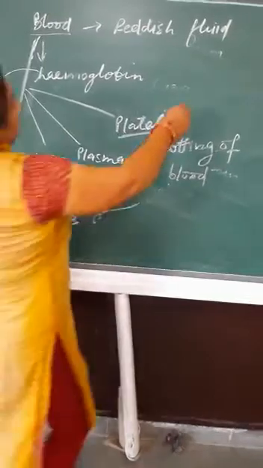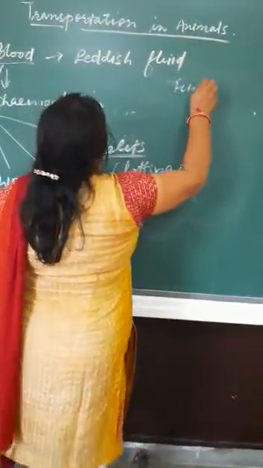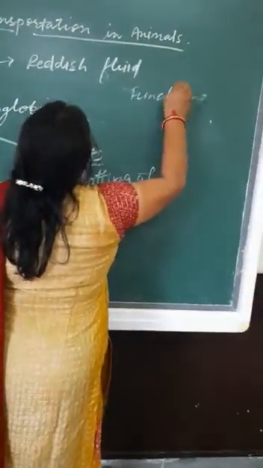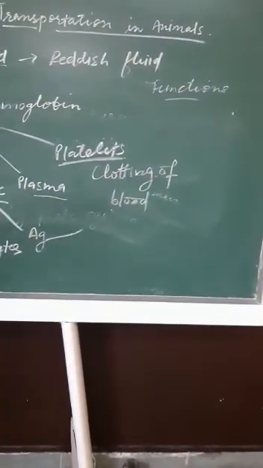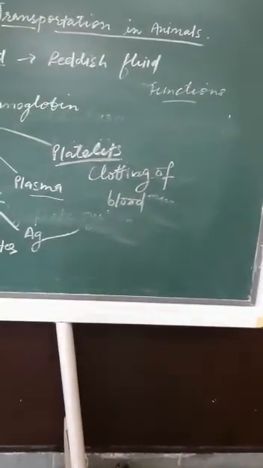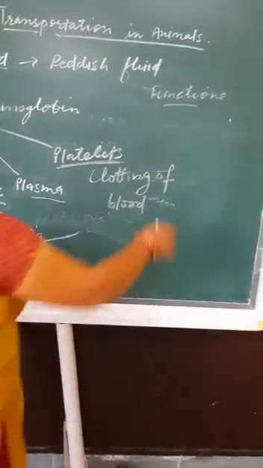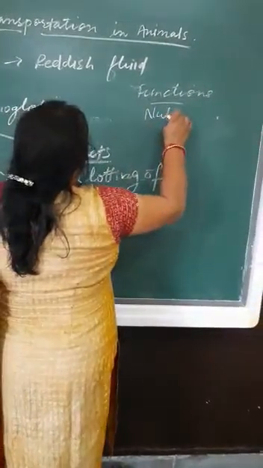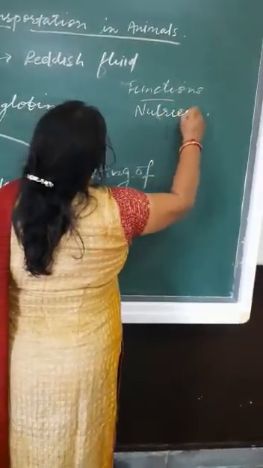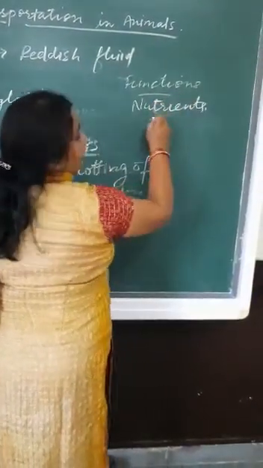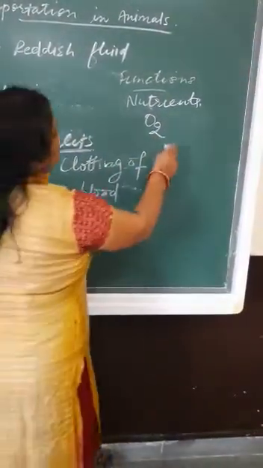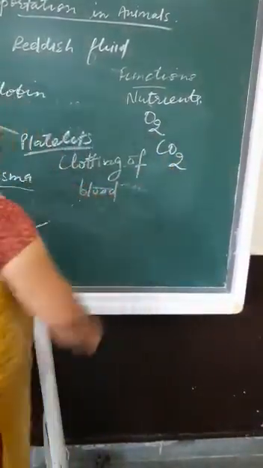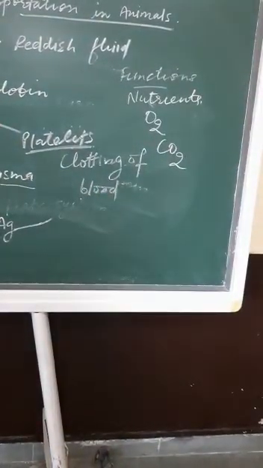Now the functions of the blood. This is also a main function of blood. So what does the blood do? It helps in the transport of the nutrients, oxygen, carbon dioxide, taking nutrients inside the body. Then oxygen, it helps in the transportation of the oxygen. Then it helps in transport of the carbon dioxide so that it is removed from the body.